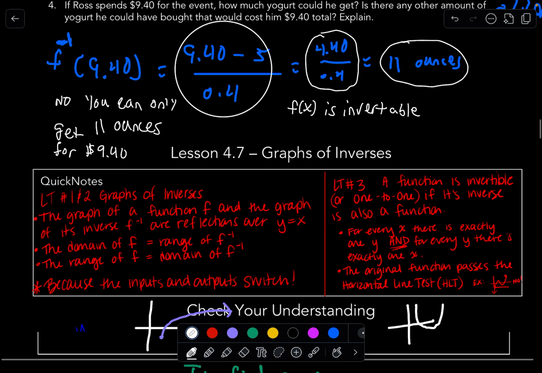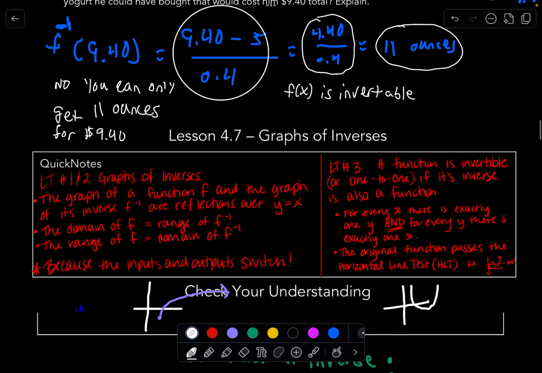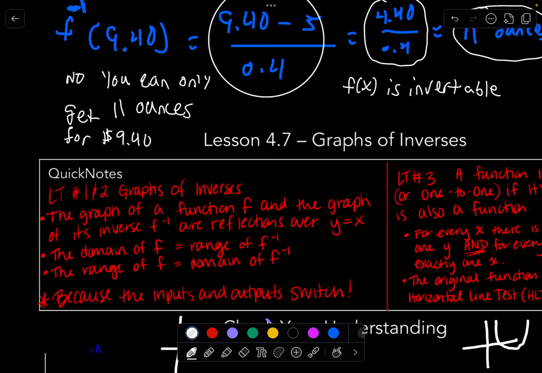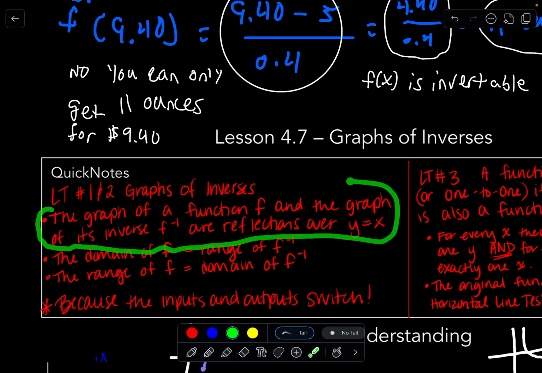All right, the last little bit before we move on, I create another video for the check your understanding, is the quick notes. From watching this, we see that learning target number 1 and 2, graphs of inverses: the graph of a function f and the graph of its inverse are reflections over y equals x.